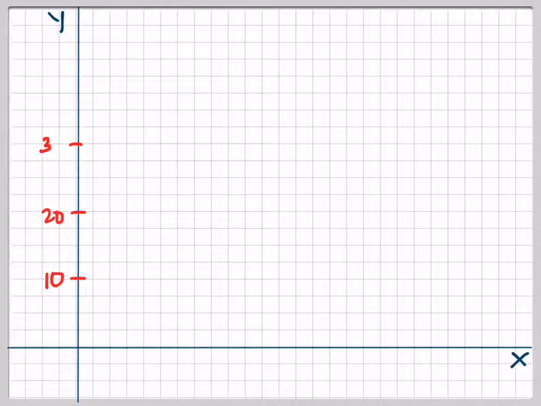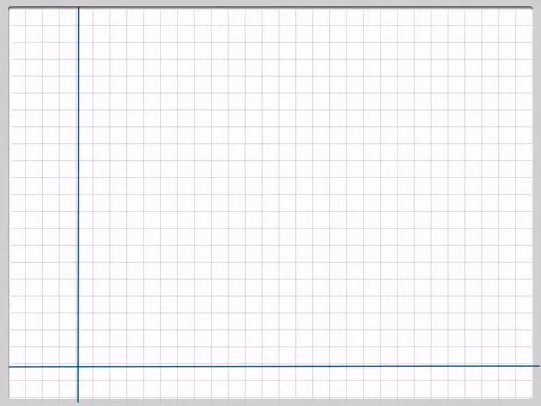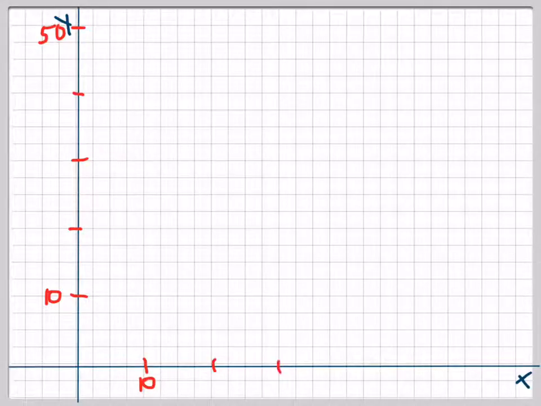Let me shift this down a little bit. Okay, that should do it. So I've got 10, 20, 30, 40, and 50. Okay, and then the x's. Here's 10, 20, 30, 40, 50, and I need to go to 54, so I'll throw a 60 in there.